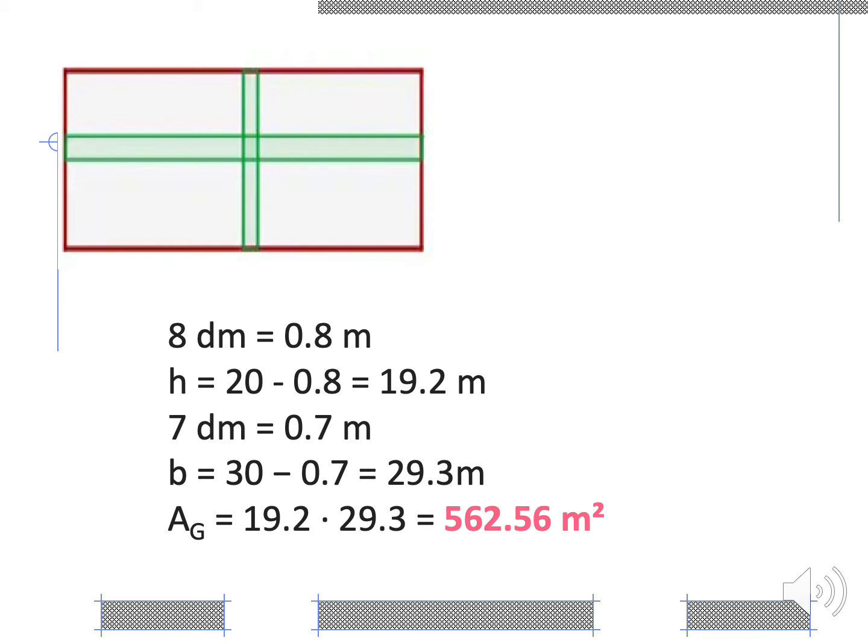For the base, this is 30, but then you subtract the pathway, which is 0.7 meters, so that is 29.3. If you multiply 19.2 times 29.3, the answer is 562.56 square meters.